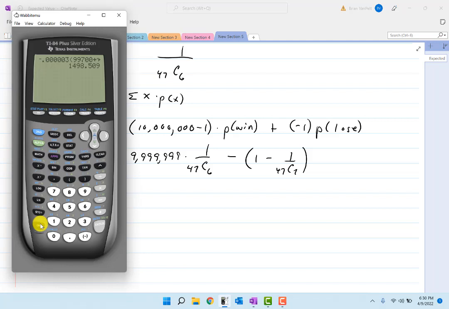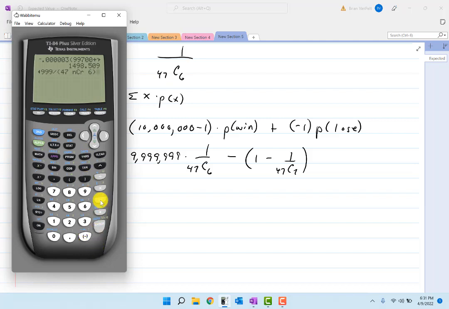So I got my 9s. How many do I have? 7 of them: 1, 2, 3, 4, 5, 6, 7. Times, or you know what, I can just do divide, because that really is divided by 47C6. I feel uncomfortable not putting in parentheses, so I'm going to do that. Let me start with my 47. Remember to go into Math, PRB, and then choose number 3. And then we want to put 6 because we're choosing 6 of them. Finish off that parenthesis.